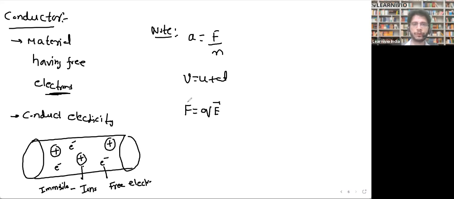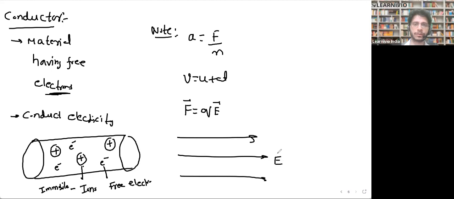This we did in the previous chapter. If I take an electric field and put a positively charged particle in that field, then this positively charged particle will experience a force in the direction of the field. A negatively charged particle will experience force in the opposite direction. This is all we have discussed in class.